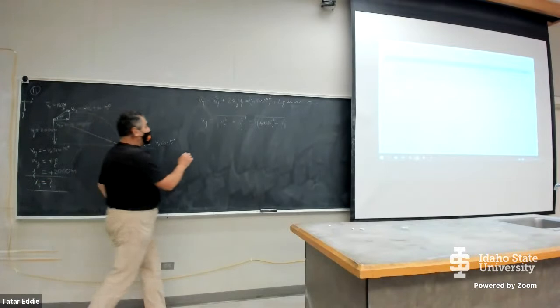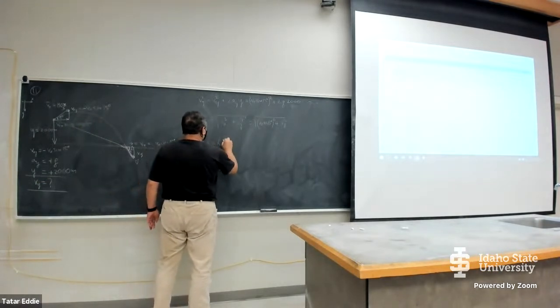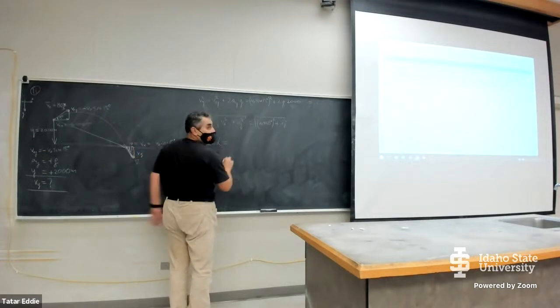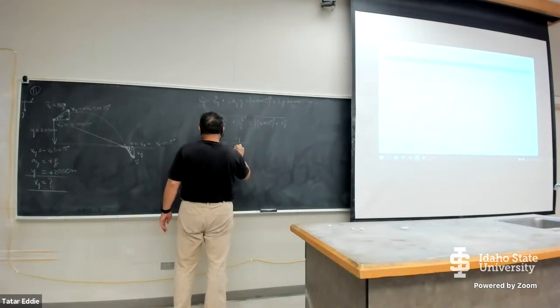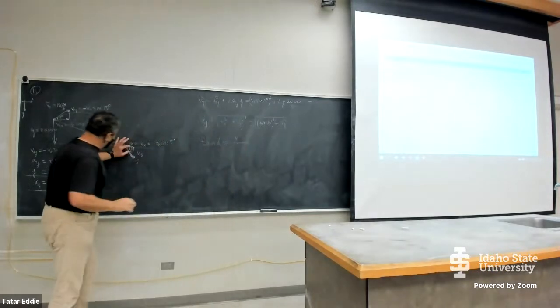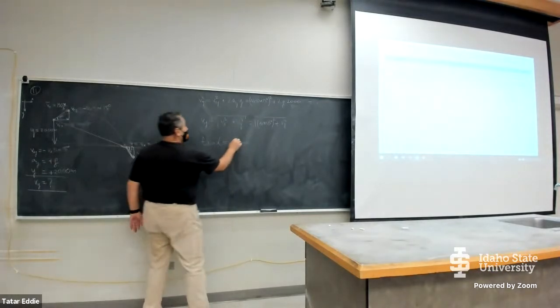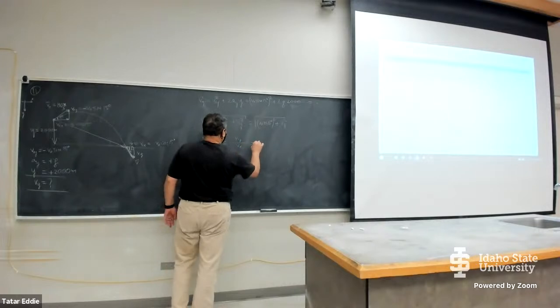From that triangle, you see the tangent of that unknown angle alpha is the opposite side, which is vy, divided by the adjacent side, which is vx.